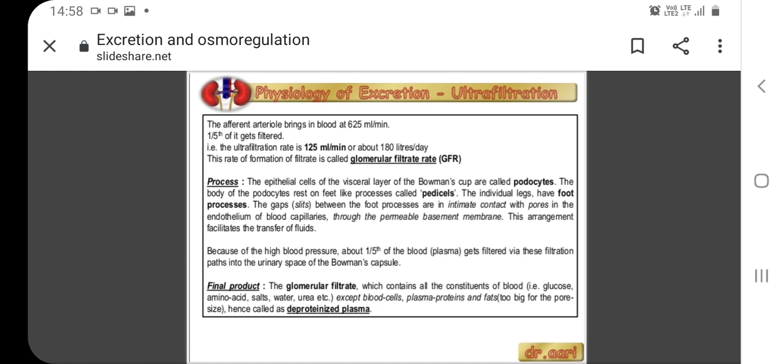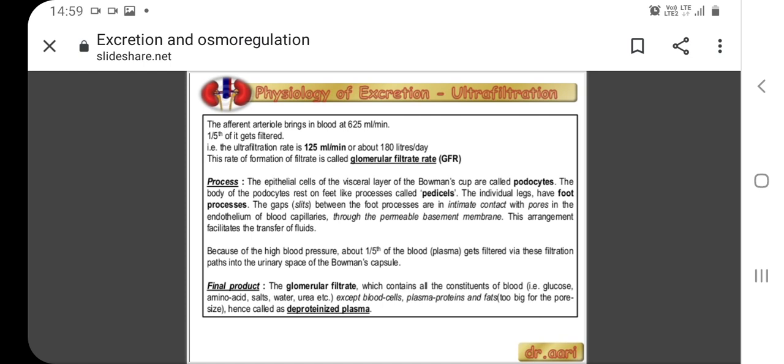The afferent arterioles have a high pressure of blood and bring in blood at 625 ml per minute, of which 1/5 gets filtered.